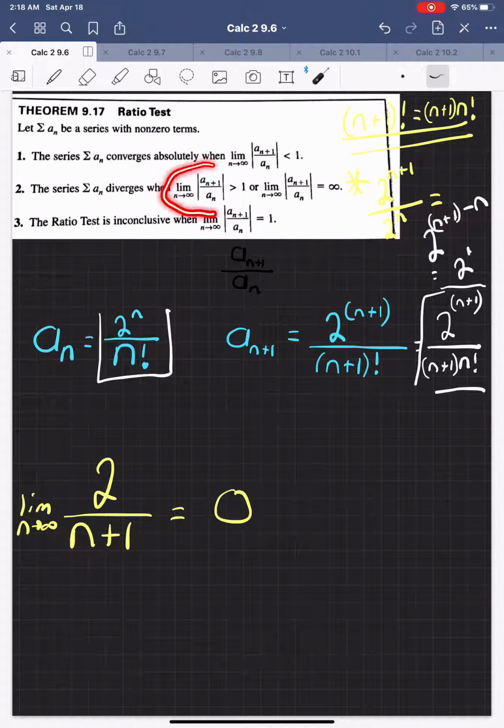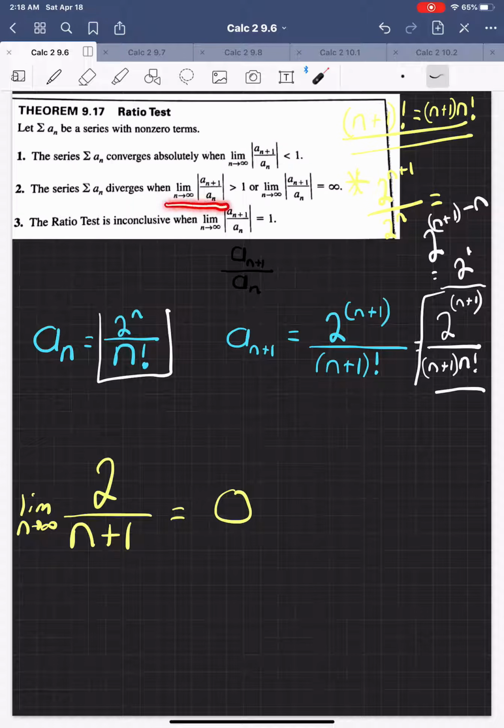If you take your limit and it's greater than 1, or if it's equal to infinity, you get to make a statement. And if it's equal to 1, you don't get to make a statement. Let's read. If your limit is less than 1, then you get to say the series converges. To say that it converges absolutely basically just means it converges with or without negative terms. But it converges if the limit is less than 1.